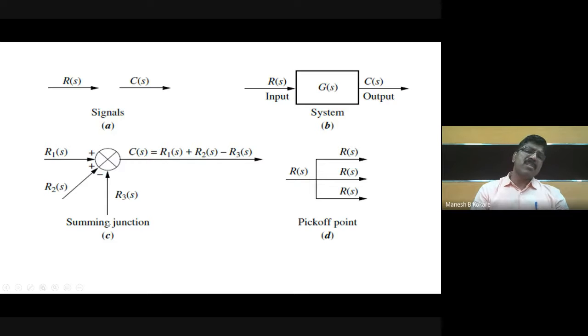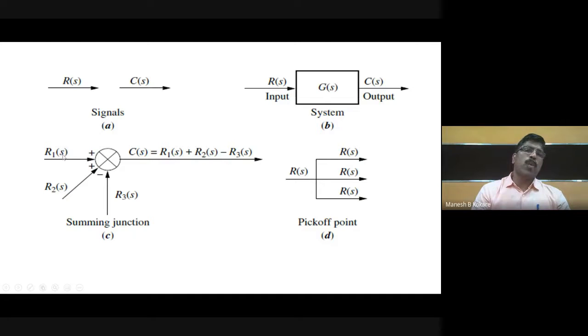Now, the summing point, as I said, is represented by a circle with a cross inside it, and all the signals have their signs. For example, R1 is one input, R2 is the second input, R3 is the third input, and C of S is the output.